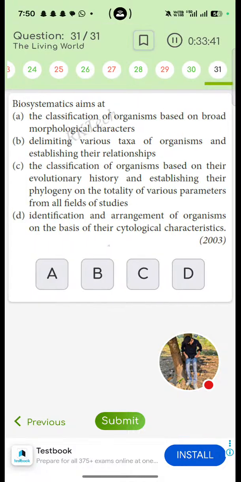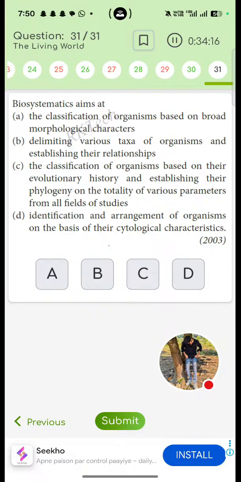Next, biosystematics aims at the classification of organisms based on broad morphological characters, delimiting various taxa of organisms and establishing their relationship; the classification of organisms based on their evolutionary history and establishing their phylogeny on the totality of various parameters from all fields of studies; identification and arrangement of organisms on the basis of their cytological characteristics.